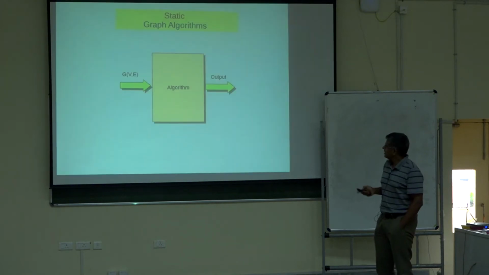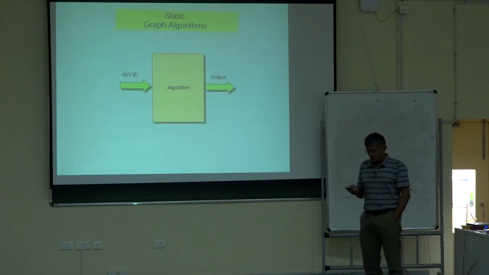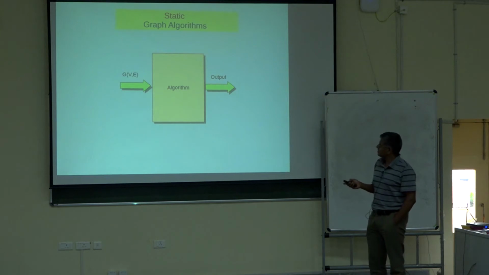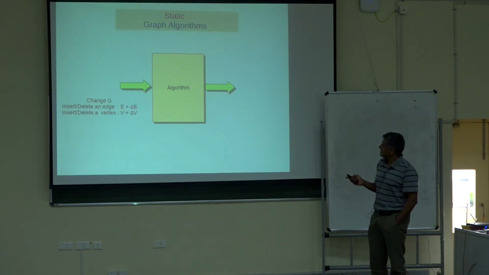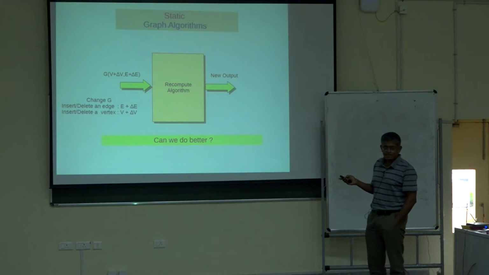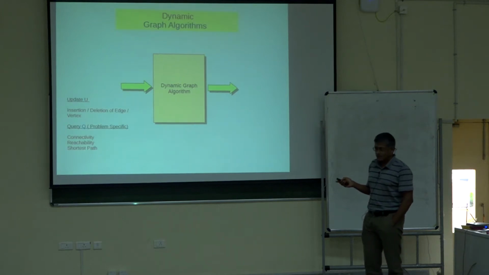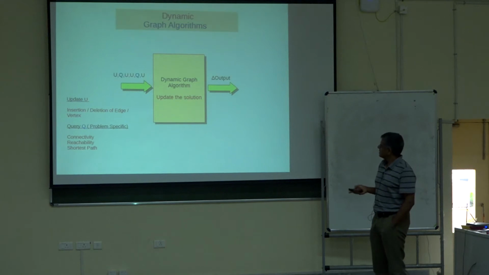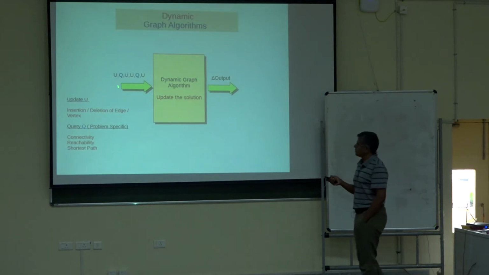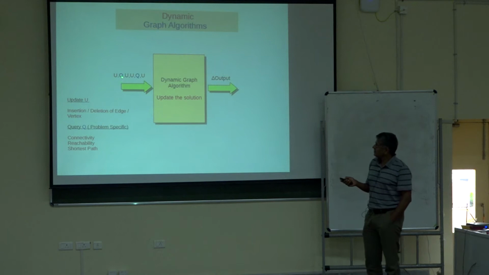I'll skip through all this because there was already a nice introduction to it. So can we do better than just starting from scratch all over again? There are many such examples which you have seen. What you have is an update query sequence, and you're interested in the sum total running time to service these update query sequences.